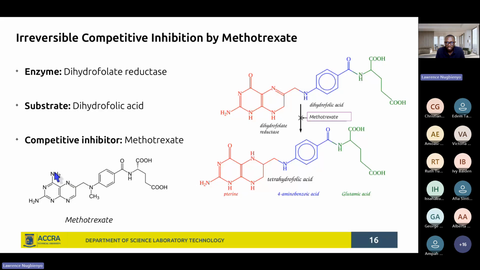And then if you look at these two nitrogens in the rings of the dihydrofolic acid, they have hydrogen on them. But if you come down to methotrexate, these nitrogens do not have hydrogen on them.